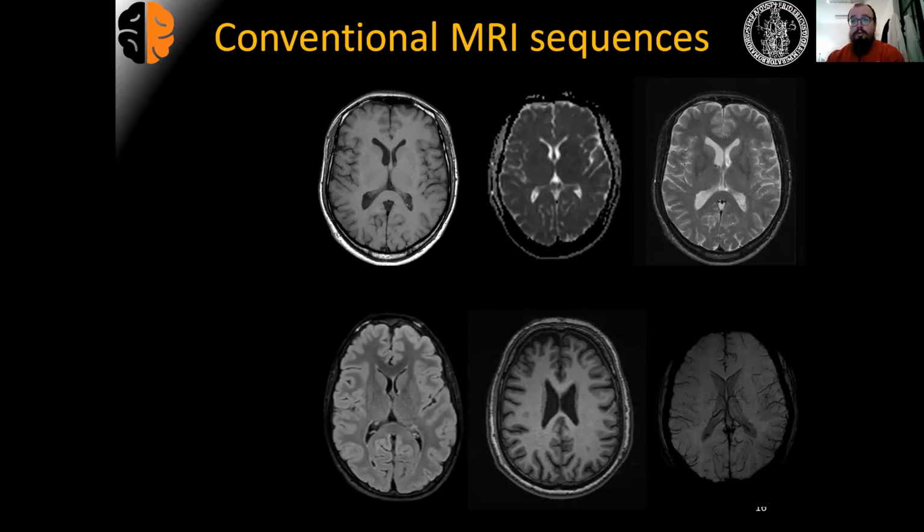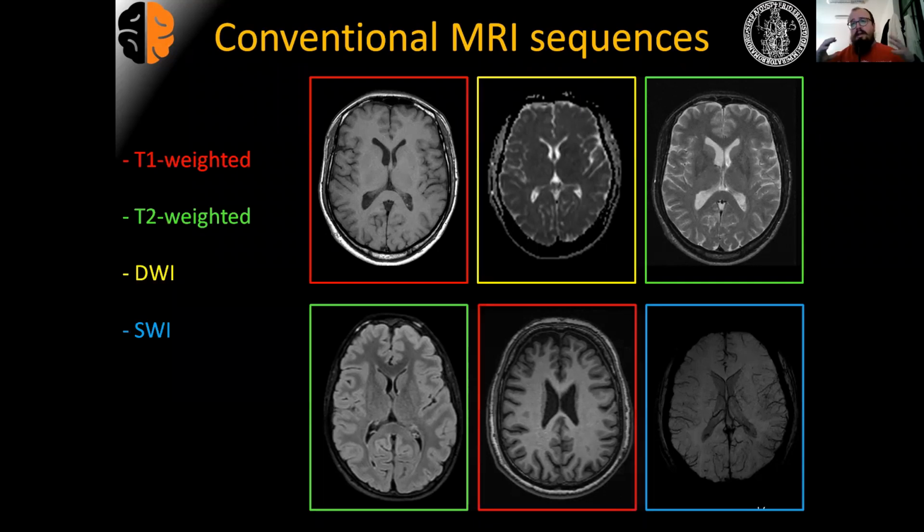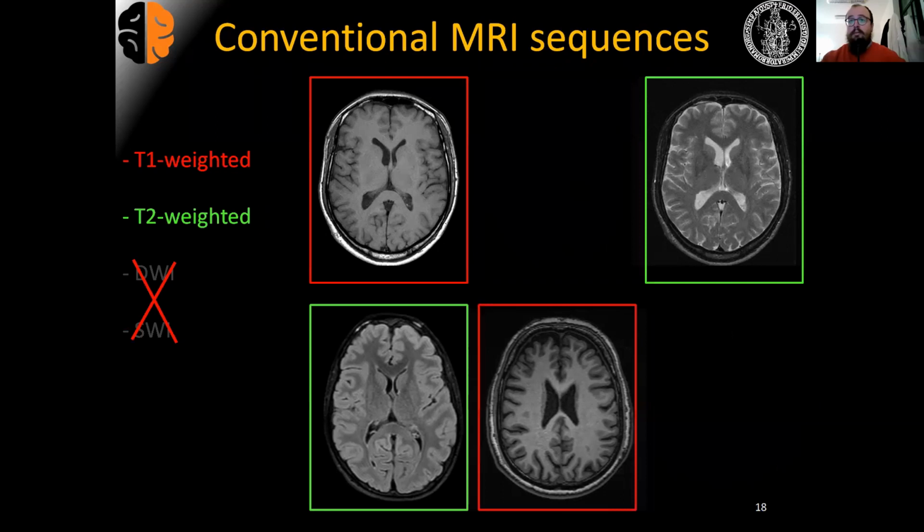In a very brief way of summarizing, using conventional MRI, you usually acquire T1 weighted images, T2 weighted images, diffusion, and susceptibility weighted images. Due to time constraints, I will not go through DWI and SWI, and I will just give you some information about T1 and T2 sequences.